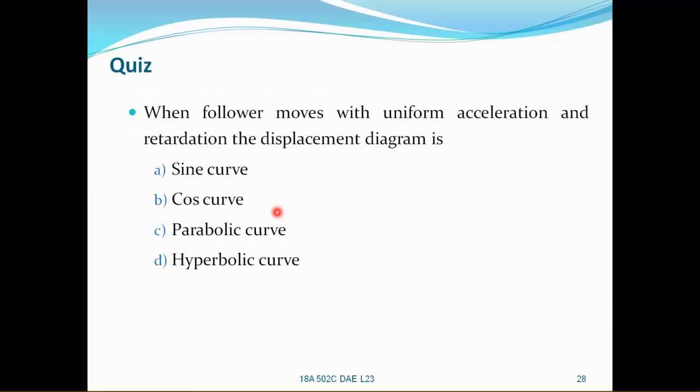Once again the question: when the follower moves with uniform acceleration and retardation, the displacement diagram is A, sine curve, B, cos curve, C, parabolic curve, D, hyperbolic curve. Which should be the right answer?